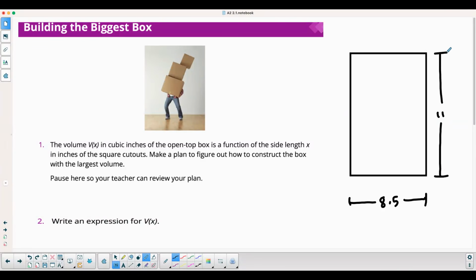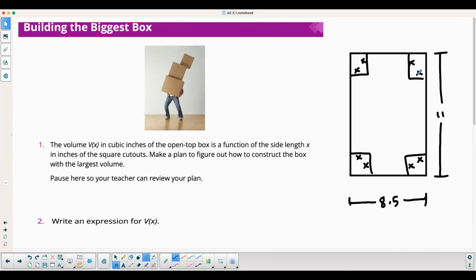And when you start cutting these squares out of the corners, we could just call these x. x by x, x by x, x by x.